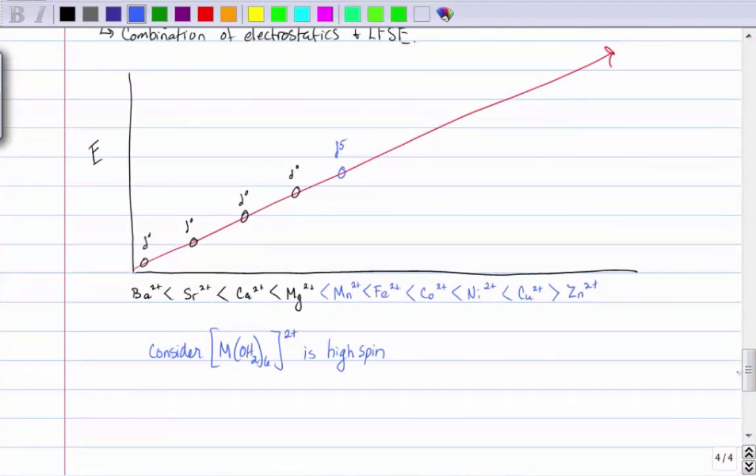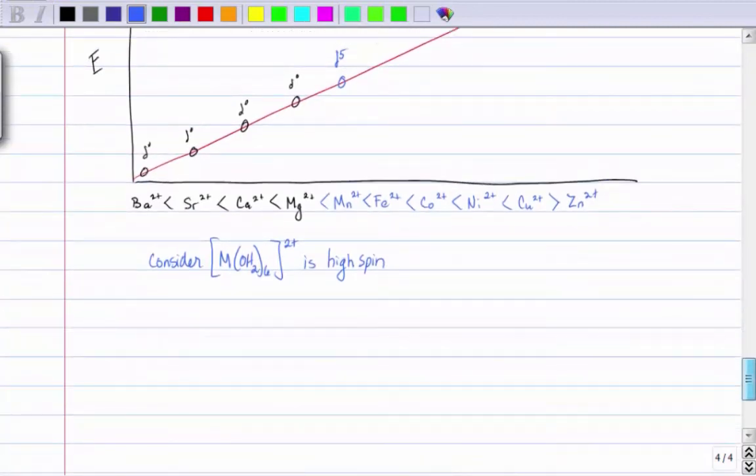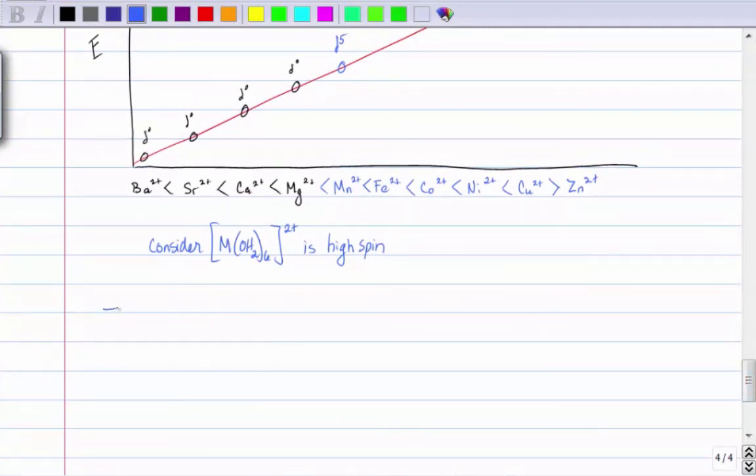When you have metal ions that have d electrons, remember that you have an increased stability due to ligand field stabilization energy, except for d5 and d10. So your d5 complex doesn't have any ligand field stabilization energy. I'm going to write this down here to remind you. Manganese 2+ is d5.